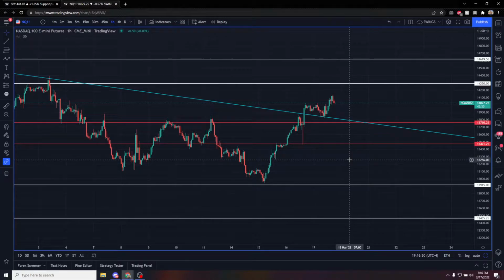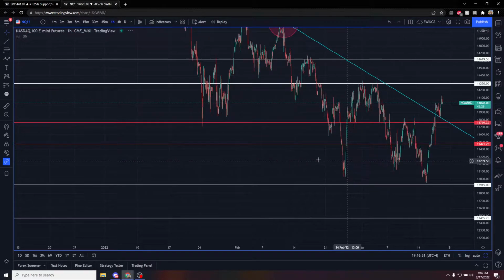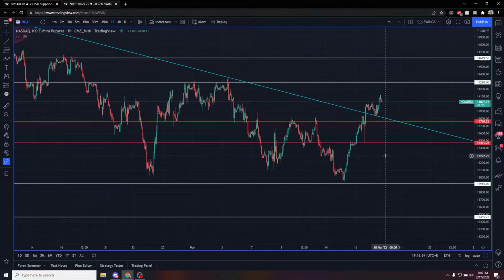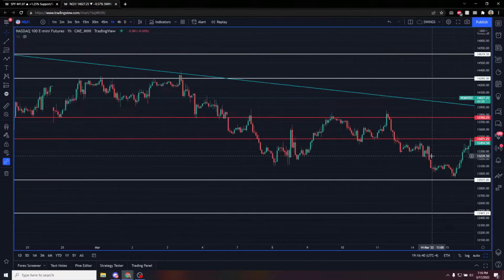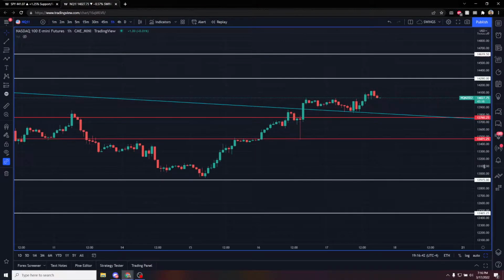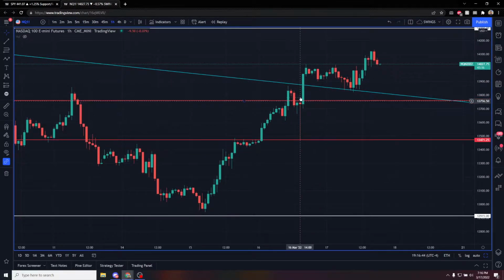Yeah, it's been tough because of all the unpredictable news lately. But let's take that example here, the FOMC. It's that candle here. That candle is huge. It's a bullish candle, but it went down.